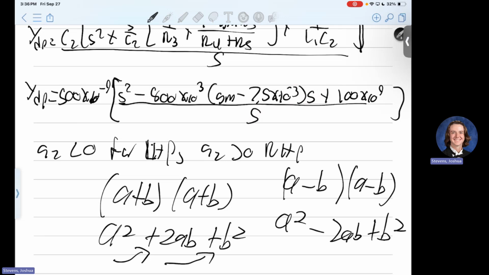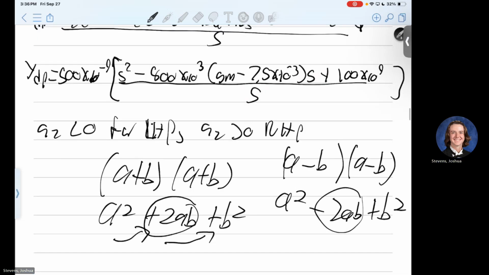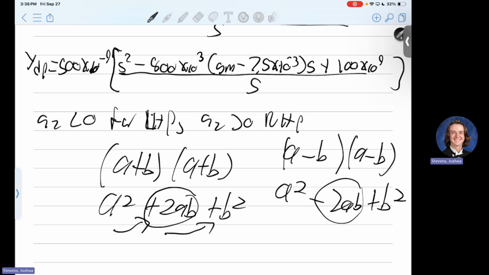That is why we're explicitly looking for A2, because in the polynomial, A2 would be this whole term here. If they're both positive, like you see here, A and B, the zeros of this formula would be negative B, as in A has to equal negative B for stuff to be 0.